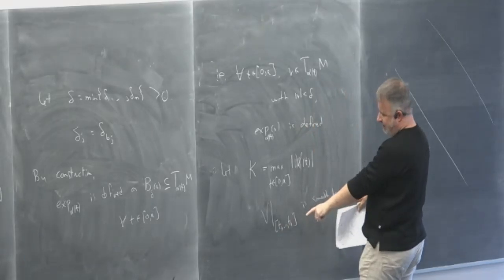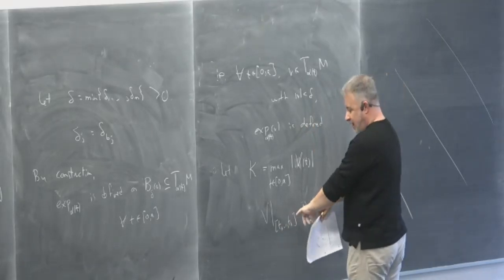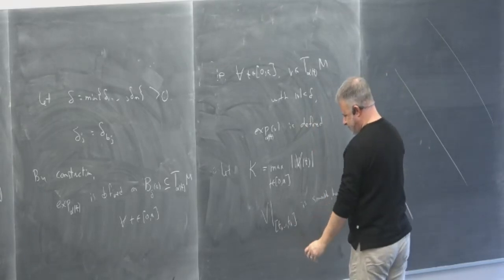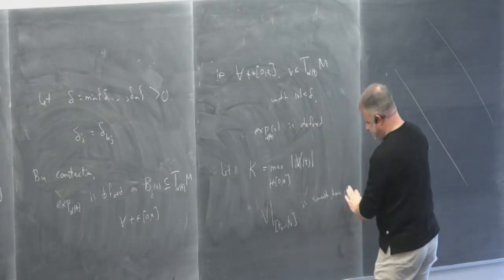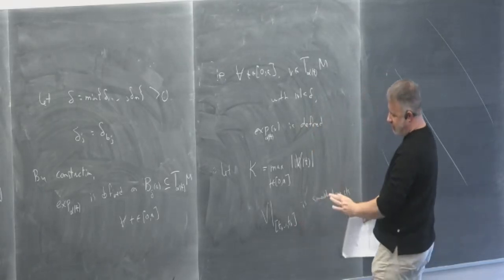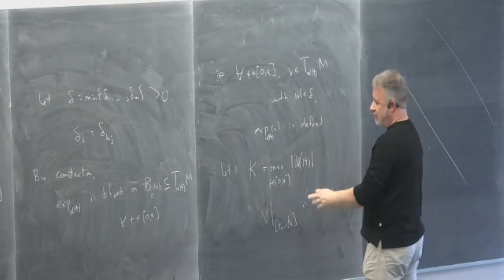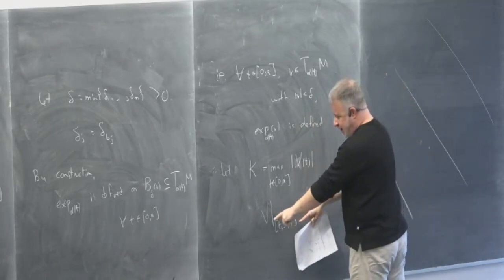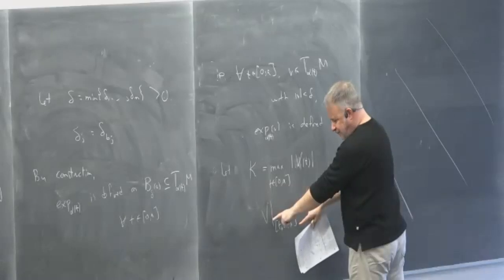This is a little bit sloppy what I'm writing. I don't want to introduce too much notation and make it take longer than it needs to. This is well defined. Why? Because there's a limit to V.